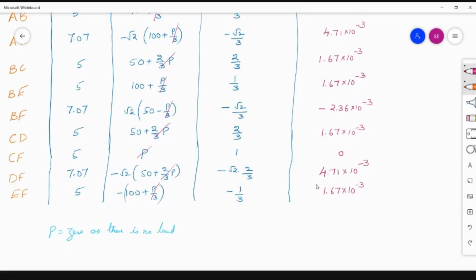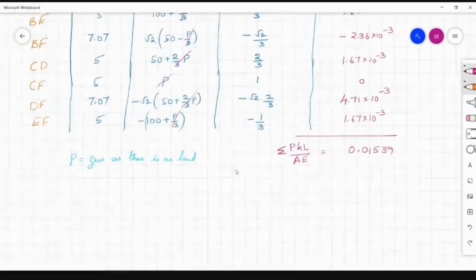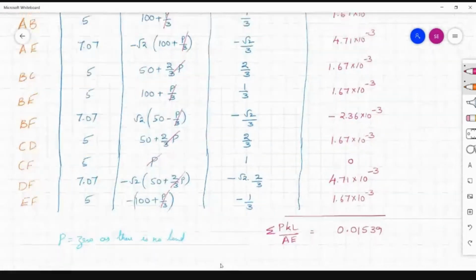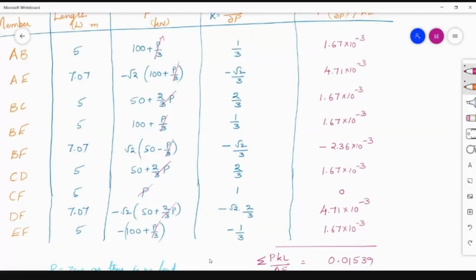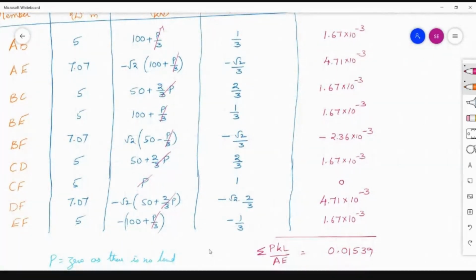And we got the value sigma P k L by E as 0.01539. Please check this whether you got the same thing or not. Once again I am giving you a time. Please check whether you got the same answers or not.